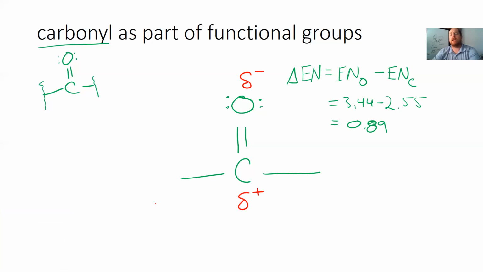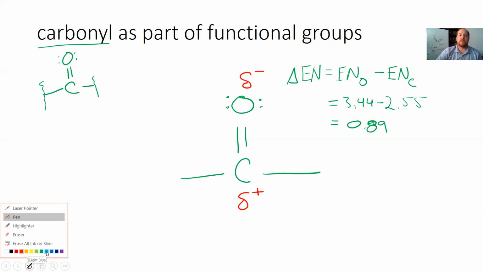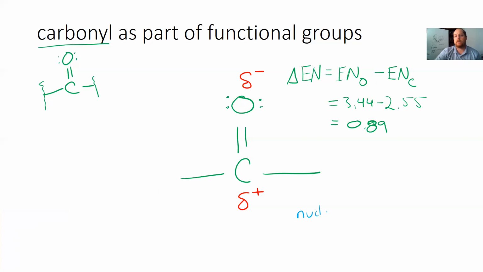And that's going to govern a lot of the reactivity in organic chemistry, because there are going to be two types of substances that interact with these atoms. One of those substances is what's called a nucleophile. And the name says, loving of a nucleus, something that wants a positive charge.